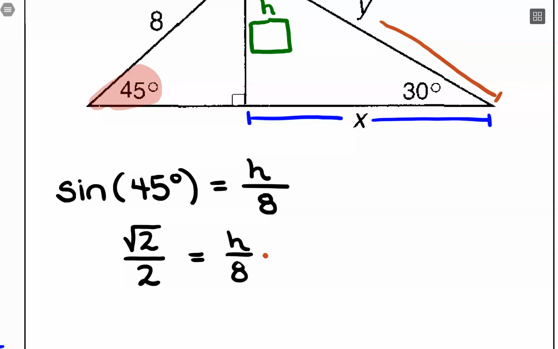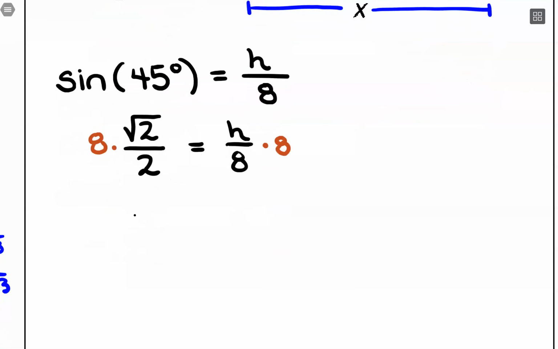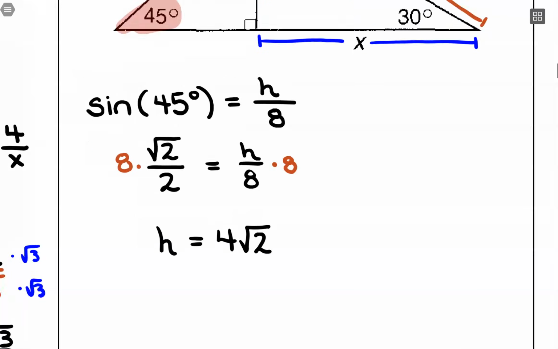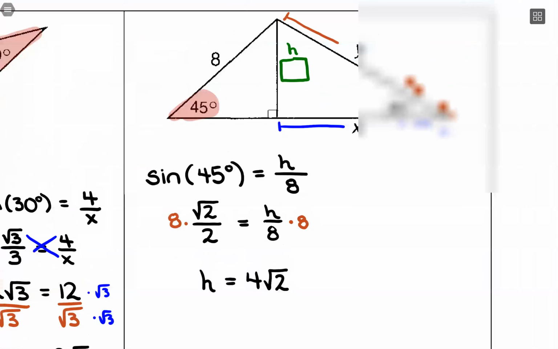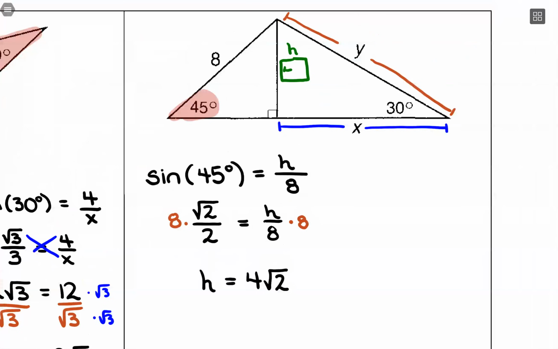I just need to multiply both sides by 8 so I can get h all alone. And we're going to get h equals 8 divided by 2 is 4 root 2. So we just found this side length over here of 4 root 2.